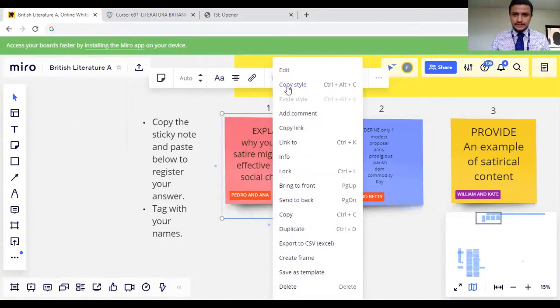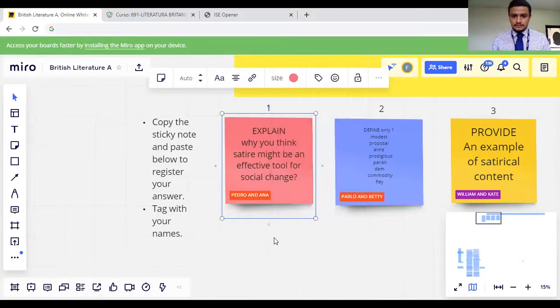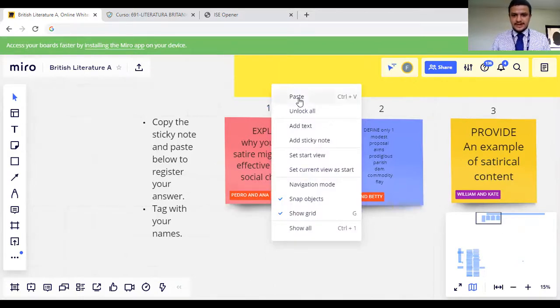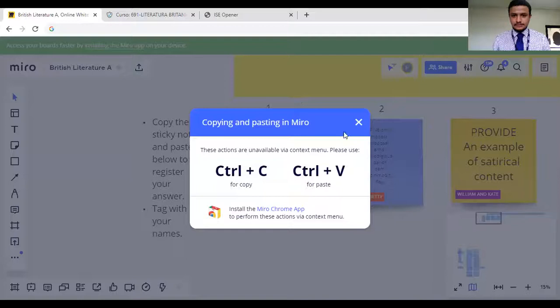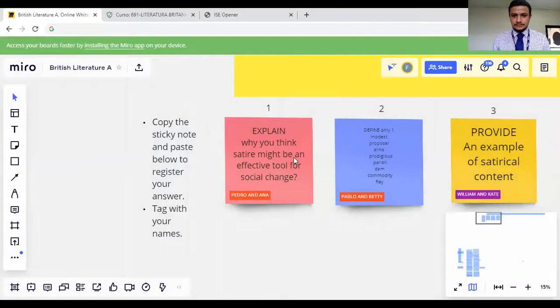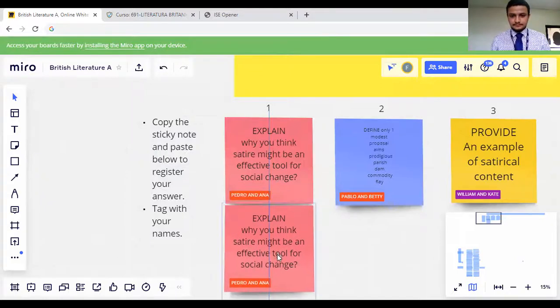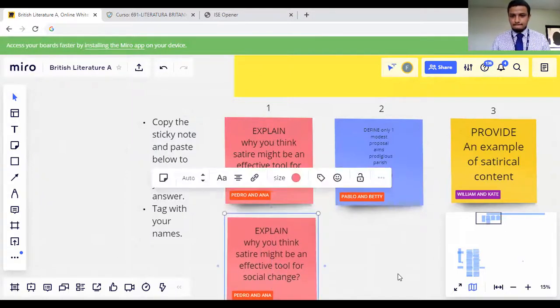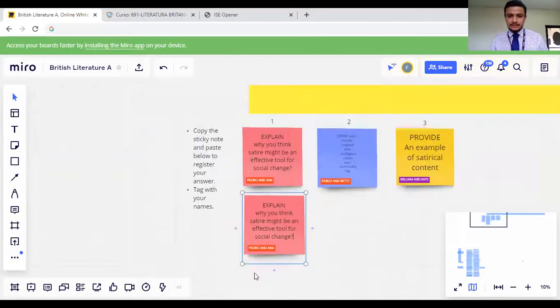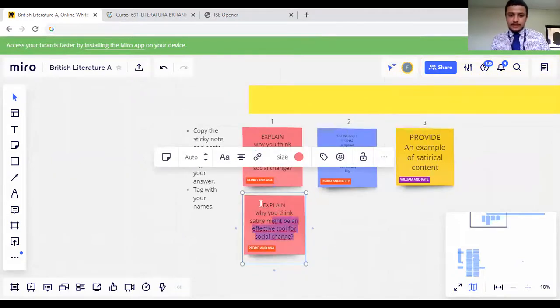So what you're going to do is you have this one. I can go to copy, and then I can do paste. Now I already copied and pasted, and then I start.